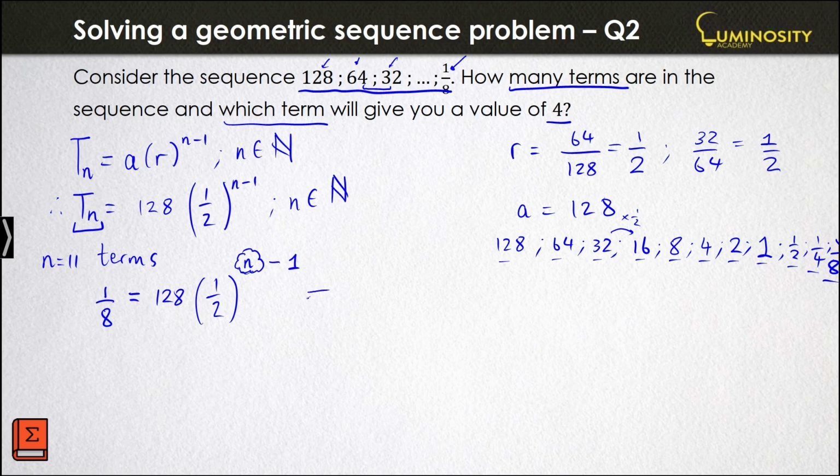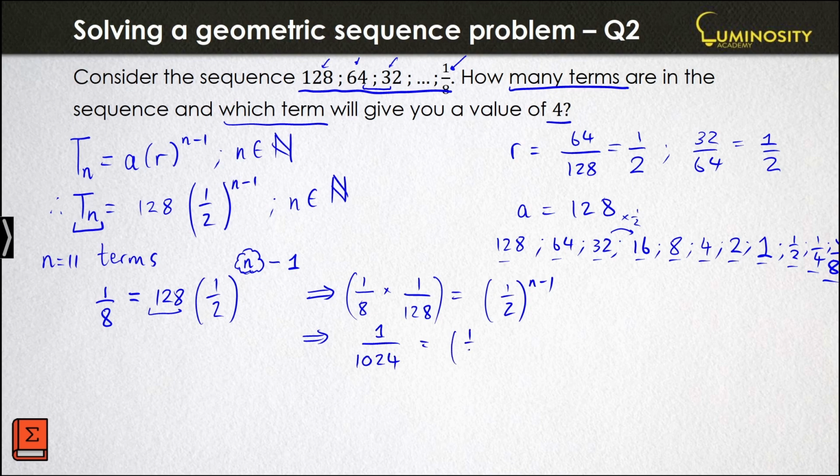So I get rid of this 128 first by dividing, or essentially multiplying by 1 over 128 on both sides. And that'll leave me with a half raised to the power n minus 1. Doing this, you can check that you get 1 over 1024 equals a half to the power n minus 1.